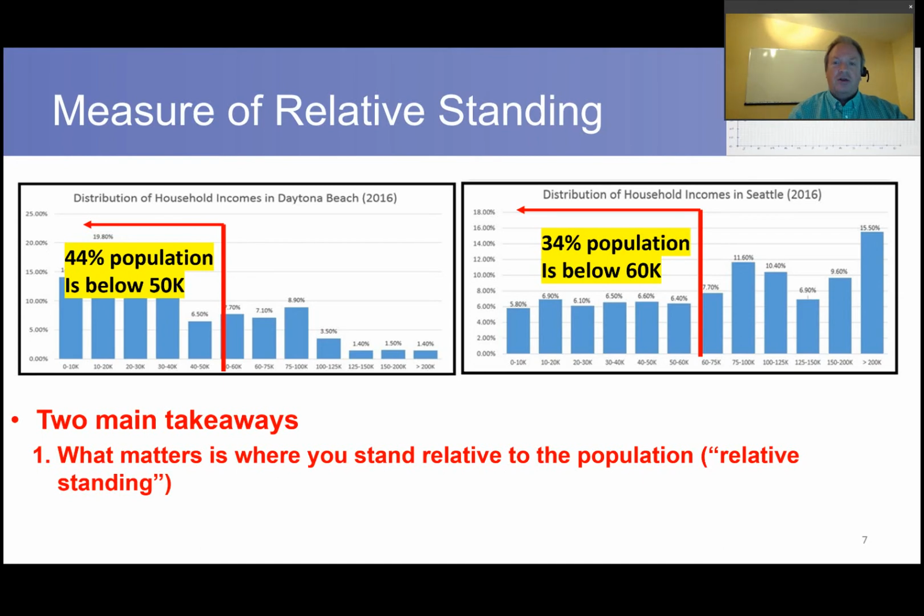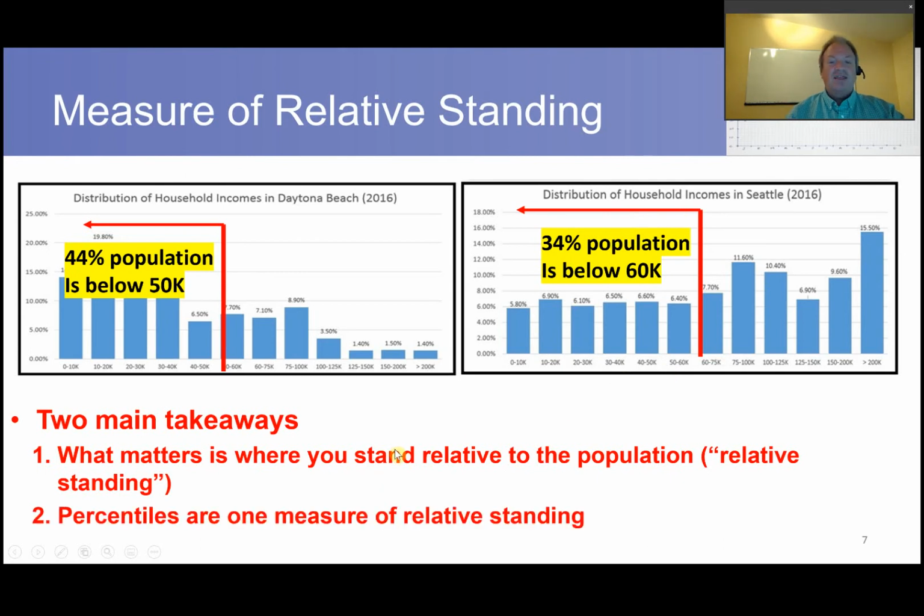We can clearly see that the Daytona Beach job offer is going to be better, because your income stands above 44% of the population, meaning you have more spending power. You're getting close to the 50th percentile. Whereas in Seattle, you're close to the lower third, which means two thirds of the people can spend more money than you do. It also means that the prices are going to be set relatively higher for you. You're going to have less spending power because the prices are set relative to this population.